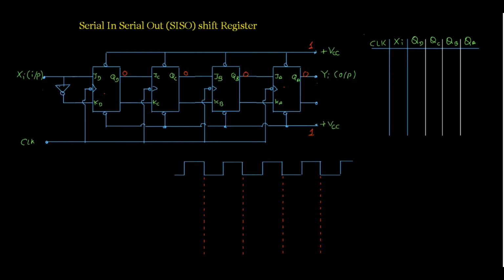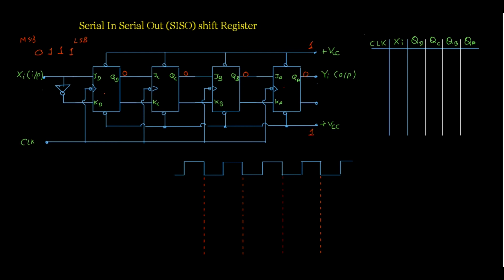Here we have 4 flip-flops, so it is a 4-bit SIPO register, and therefore it can store 4-bit data. So suppose my binary number is 0, 1, 1, 1. This is the LSB of the data and this is the MSB of this data.